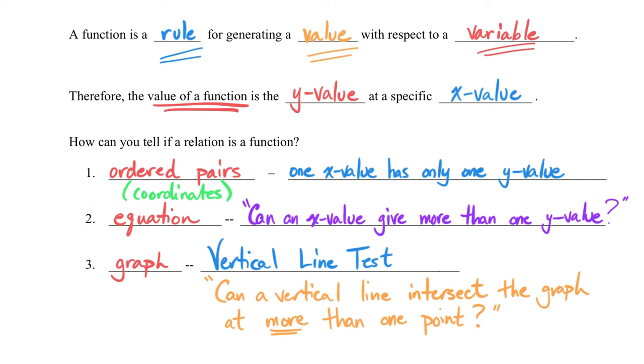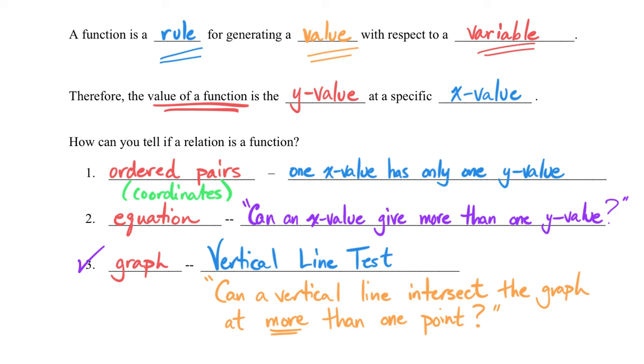Okay, last one, number 3. I think this one, if it's not the easiest, is right up there with ordered pairs. On my graph, if I give you the picture of a relation, how can you tell? There's something you see in blue called the vertical line test. You're going to be very familiar with this. If you scan a vertical line across your graph, and that vertical line hits your graph in more than one spot, it's not a function.